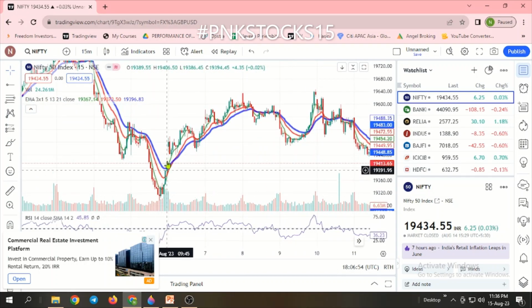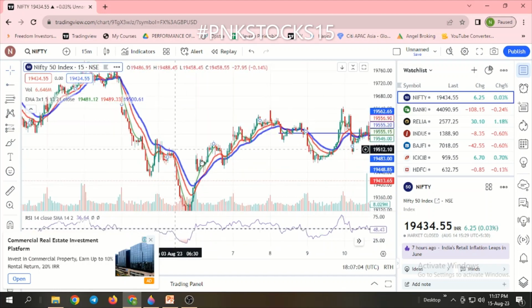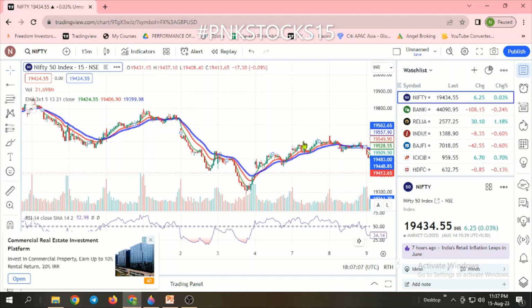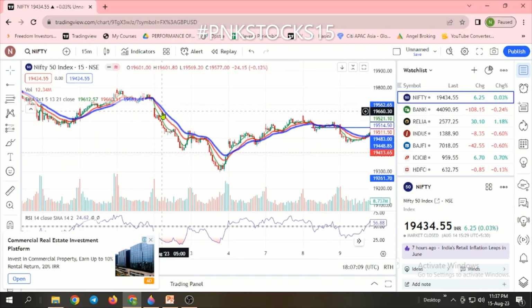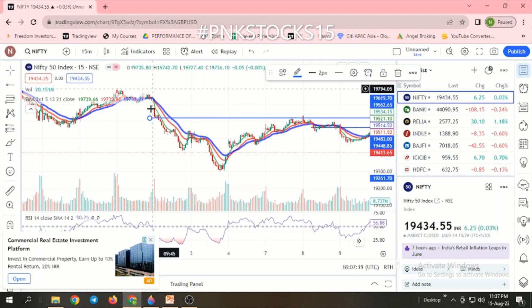Similarly here, when price breaks here, you would have entered somewhere here. From there you hold this trade up to this point. On a particular day, the day starts with a gap down, still you can consider this as your first candle breaking all these three EMAs.